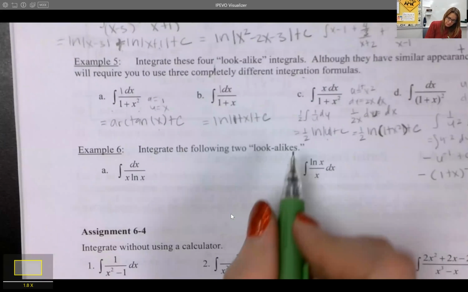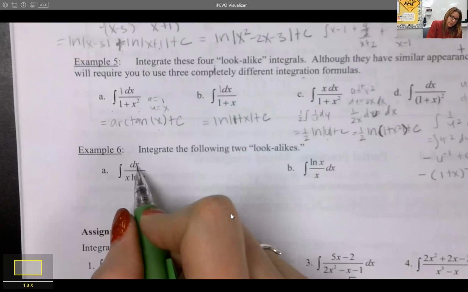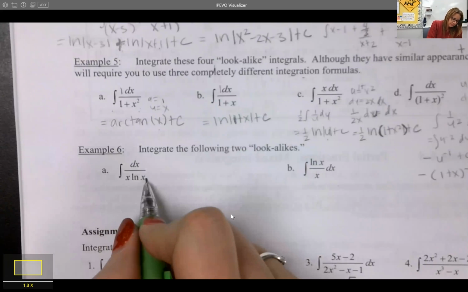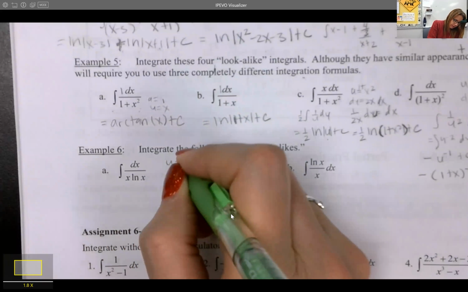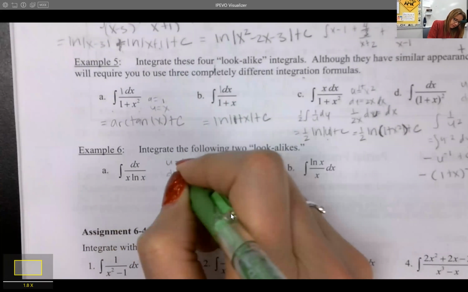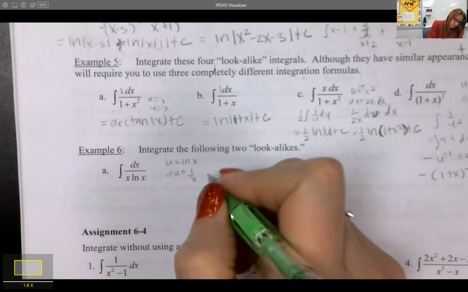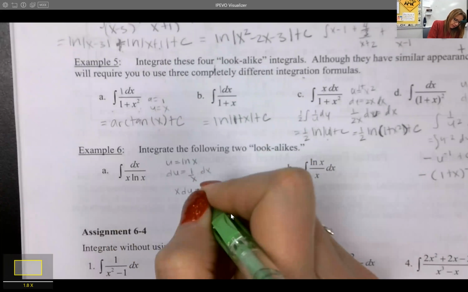All right, so if I'm taking the integral of 1 over x times the natural log of x, I'm going to try a u substitution of the natural log of x. Remember, we can't take the derivative of the natural log of x. So x times du equals dx.